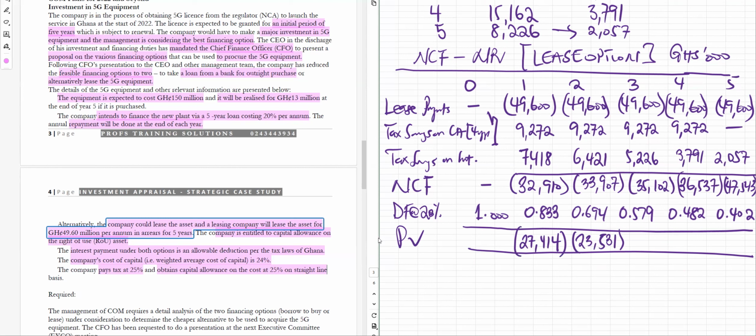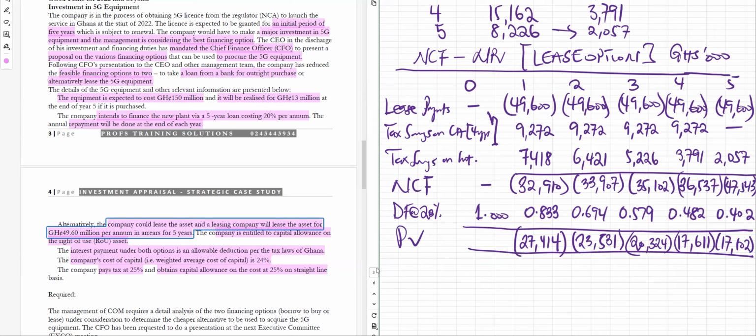Then I have my 35,102 by 0.579, and that gives me 20,324. Then 36,537 by 0.482, and that gives me 17,611. Then finally I have 42,543 by 0.402. That's 17,102.